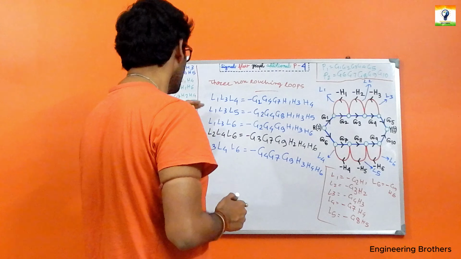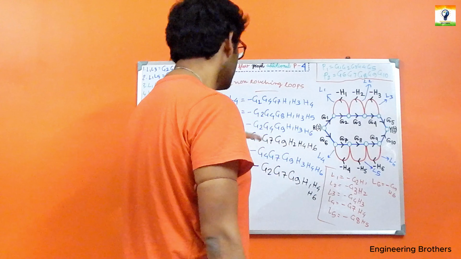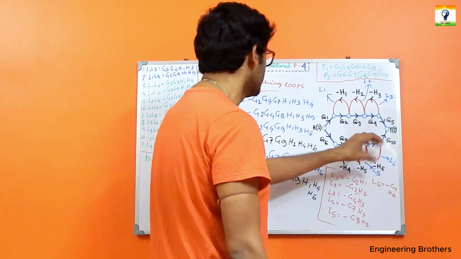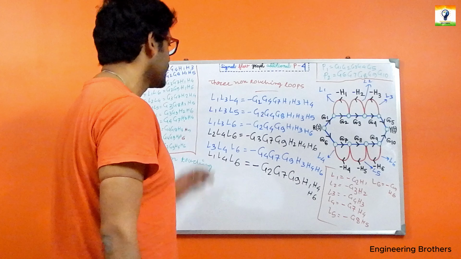We have missed three non-touching loops in our previous solution steps, so I am going to repeat this portion once again. The last recognized three non-touching loop will be L1, L4, L6, which we have considered over here. And what is the overall gain for that loop?